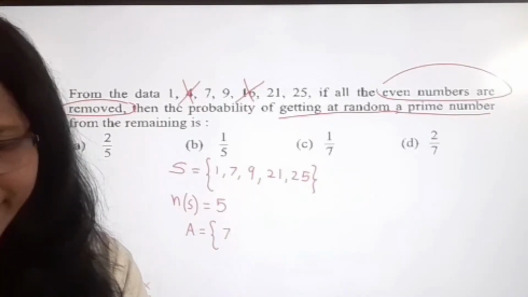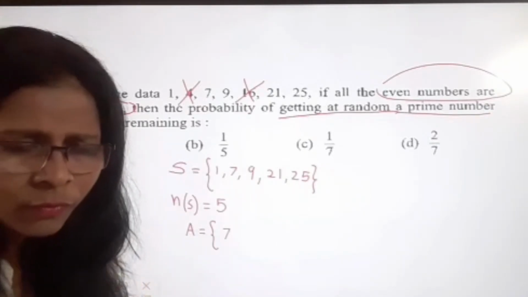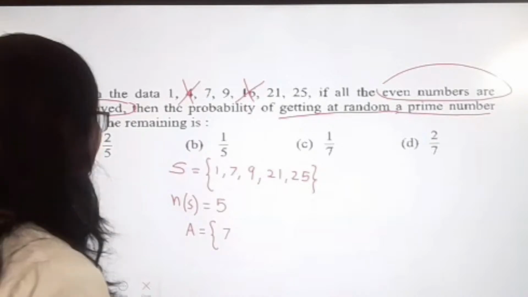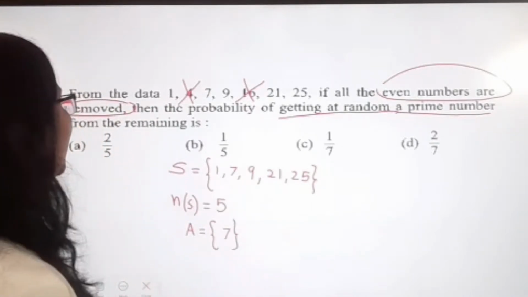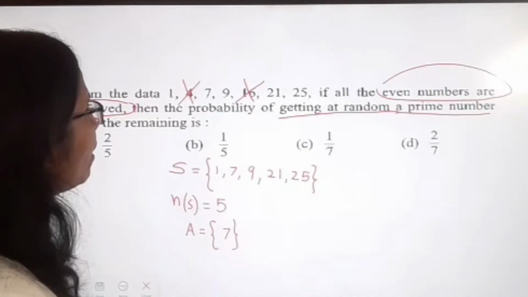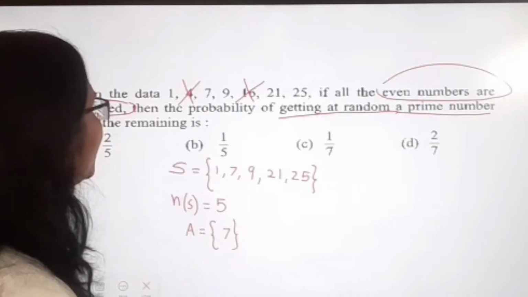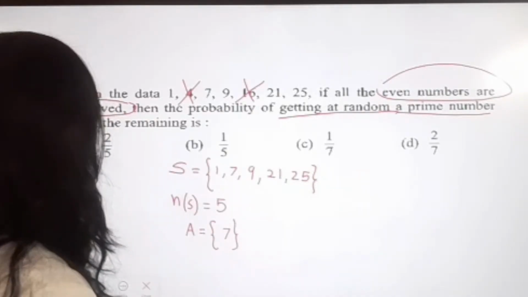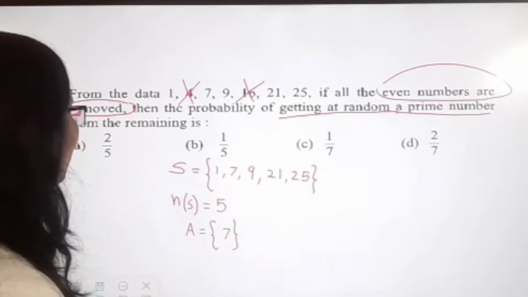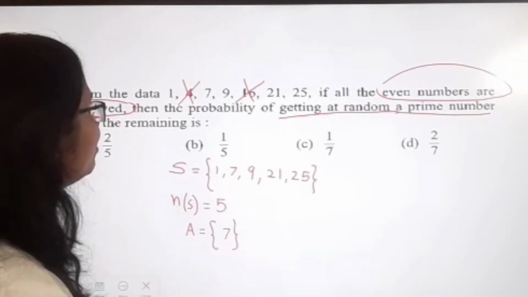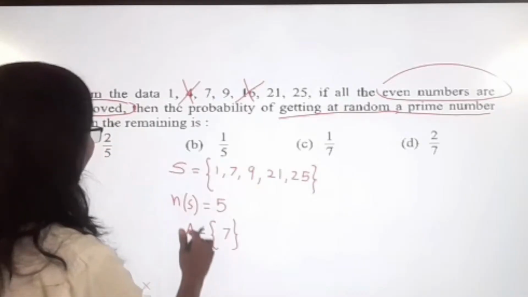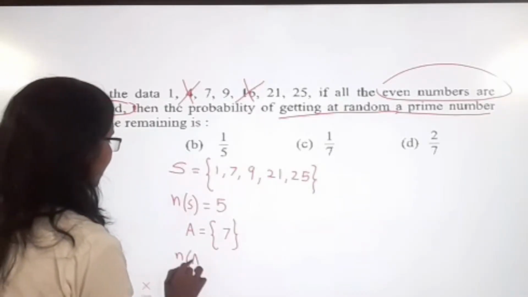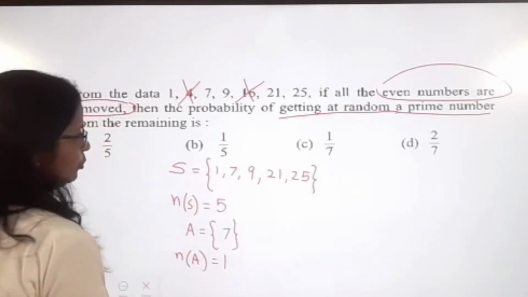Okay, so here, students, call it A. Getting at random a prime number: 1 is not a prime number, 7 is the only one. So now n of A is equal to 1, students.